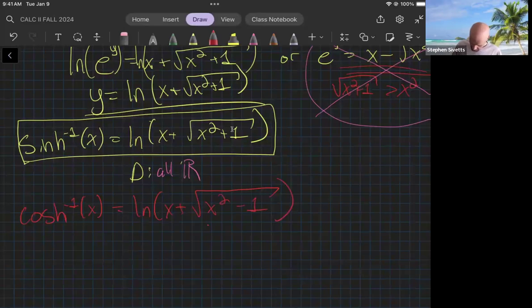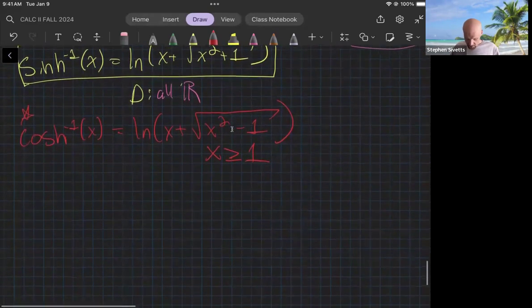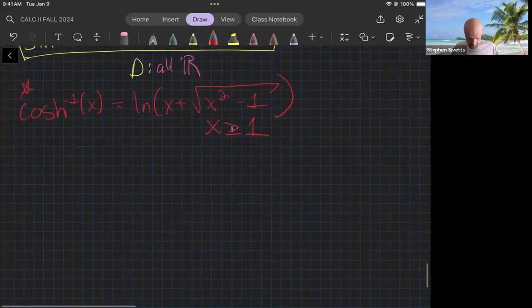And remember, x has to be greater than or equal to 1, since the ordinary cosine function was restricted to the domain where x is non-negative. So I want you to try this on your own and make sure you derive this correctly. If not, just let me know.